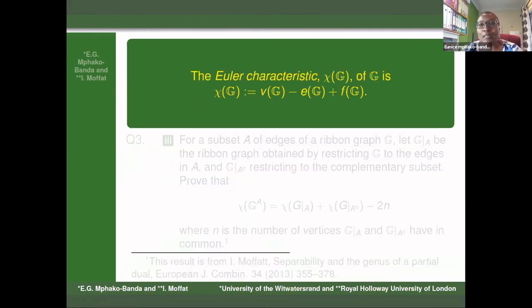We introduced the Euler characteristic, which is just the number of vertices minus the number of edges plus the number of boundary components. So question number 3 is going to talk about the Euler characteristic.